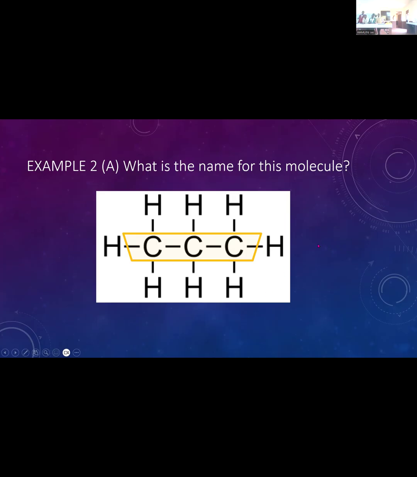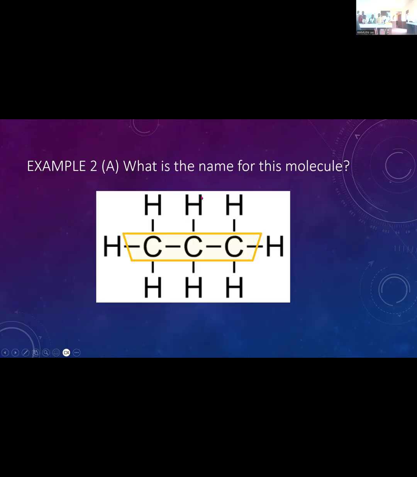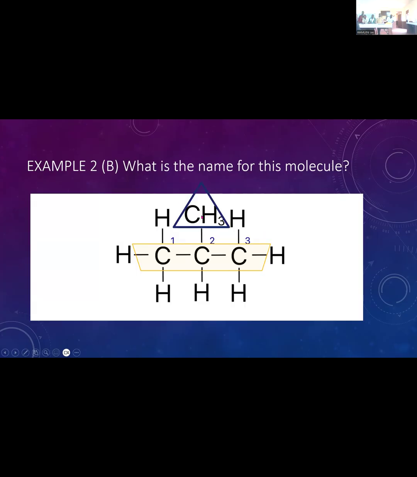But I'm now going to show you one which shows you what a substituent does. Here's a very similar molecule, but one of the hydrogens has been replaced with a new carbon, and the carbon has been covered with hydrogens. It's still an alkane, but it's not just propane anymore, because it's now got this other carbon on.